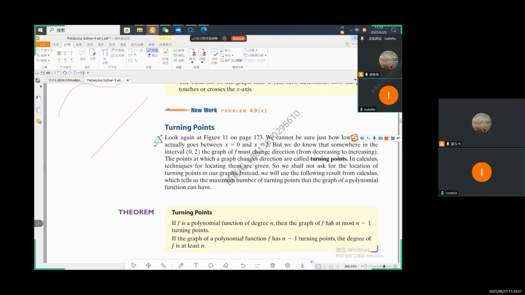At most, you have n minus 1 turning points, right? If you have n minus 1 turning points, the degree is at least n. It's just plus 1. 4 turning points means you have at least 5 degrees.